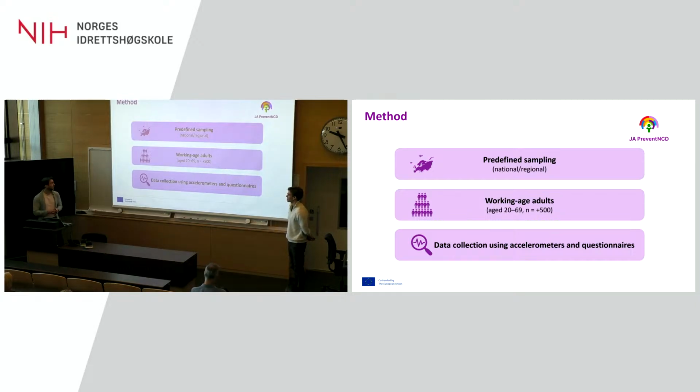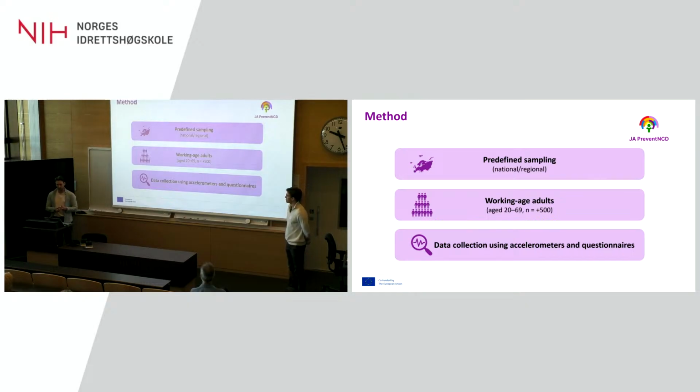All countries have a predefined sample. Here in Norway, we have the Oslo and Akershus area, and the participants are of working age. What we've done here in Norway is we've drawn 5,000 random people from across Norway.